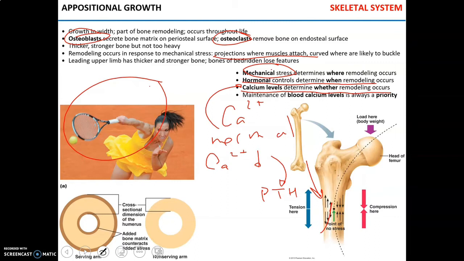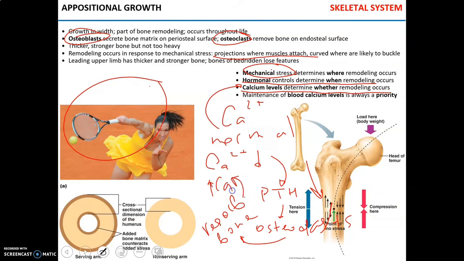Parathyroid hormone stimulates osteoclasts. Osteoclasts resorb bone, and that bone resorption increases calcium.